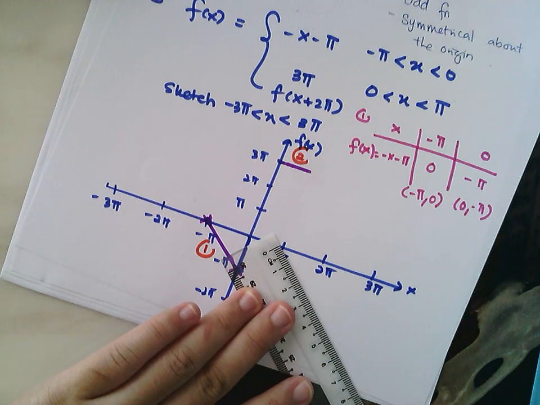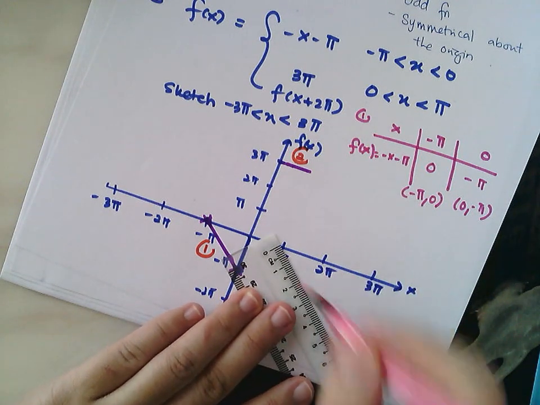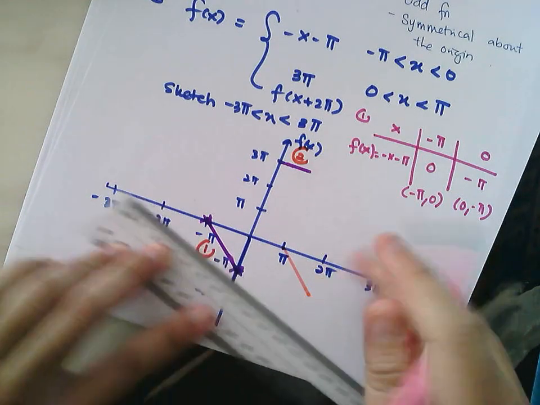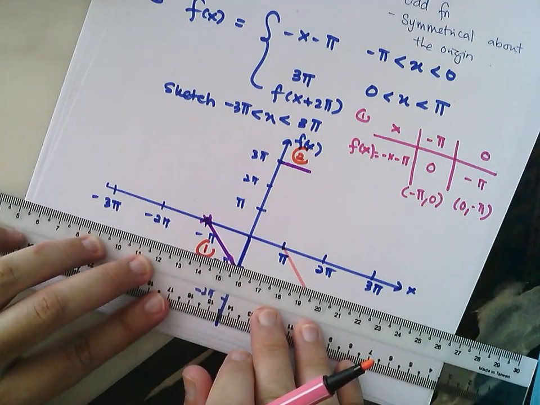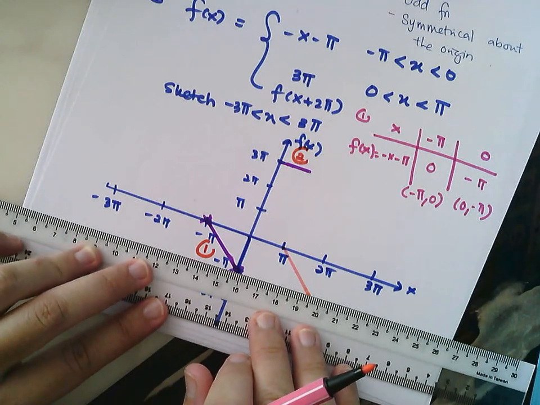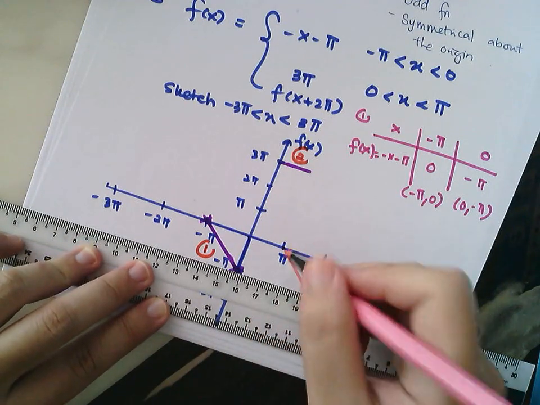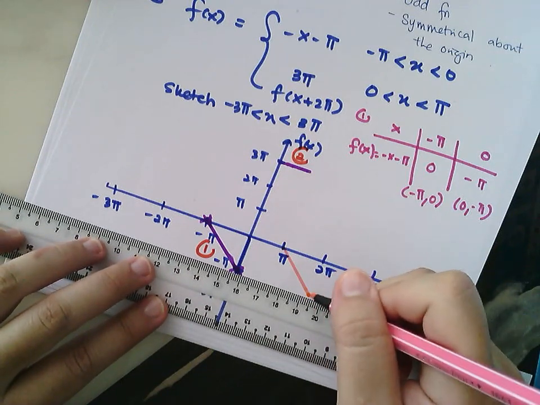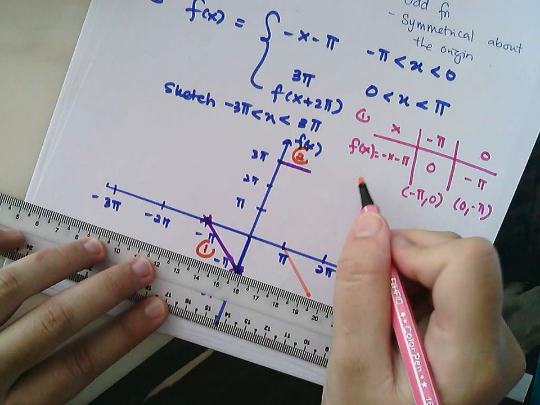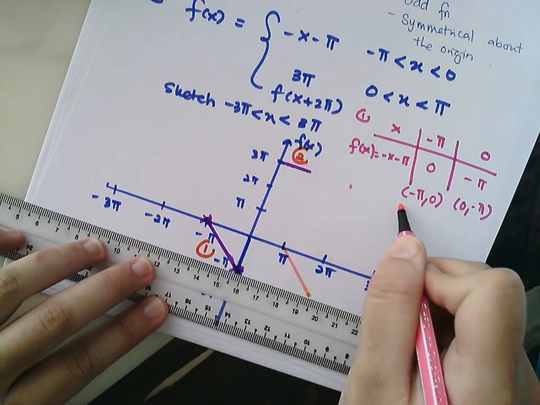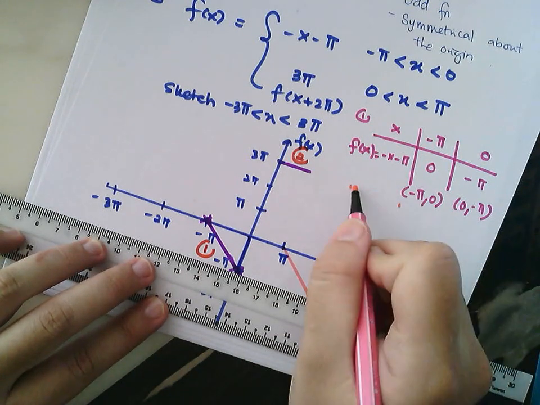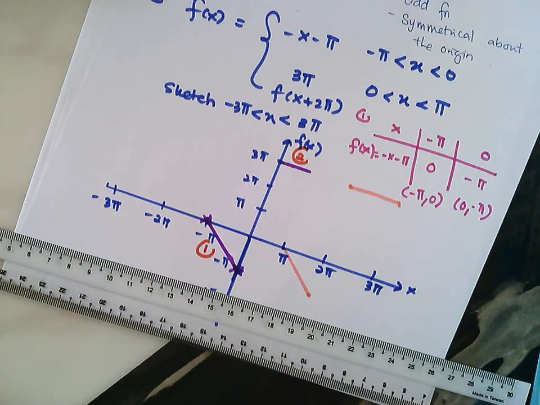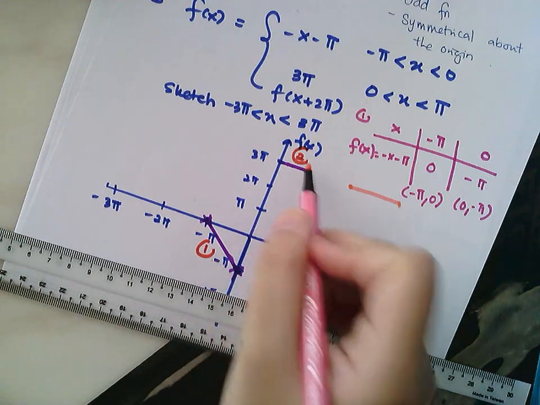You need to stop here. This is the first one. The second one is your straight line, which is from here until 3π. Stop. So this is 1, 2, 1, 2.